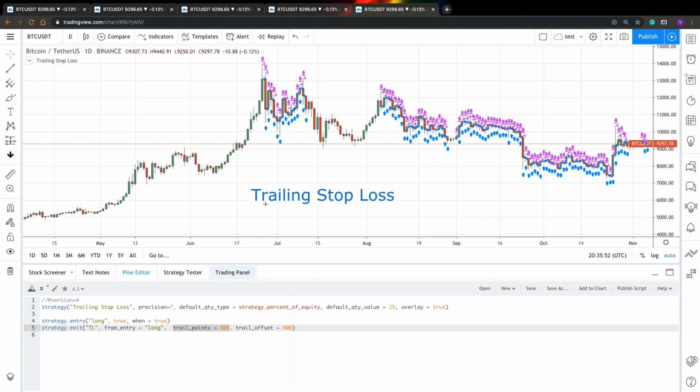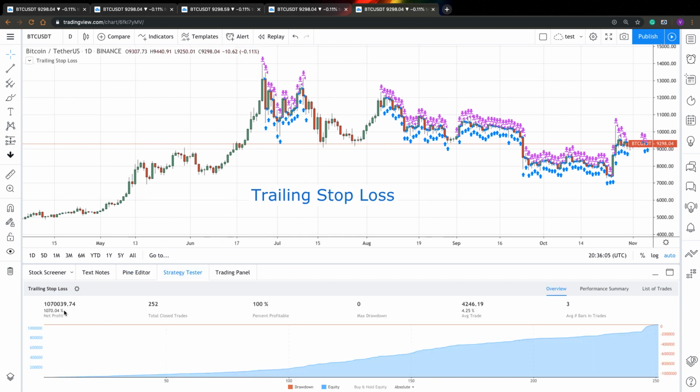So it's super simple. And as you can see, because my trailing points are relatively small compared to my candles, I will always make money. So we have just a perfect strategy, 100% profitable trades.